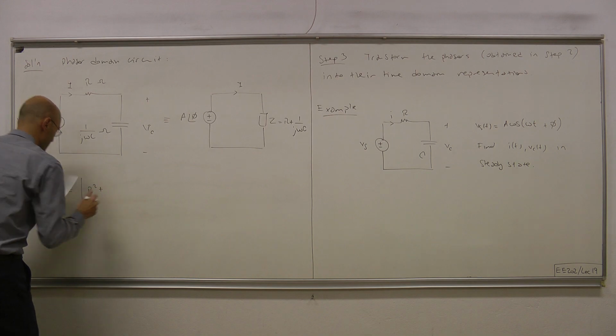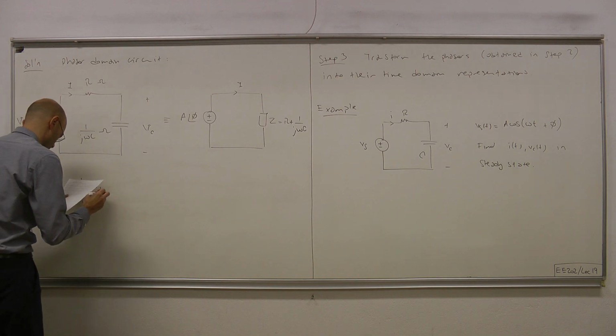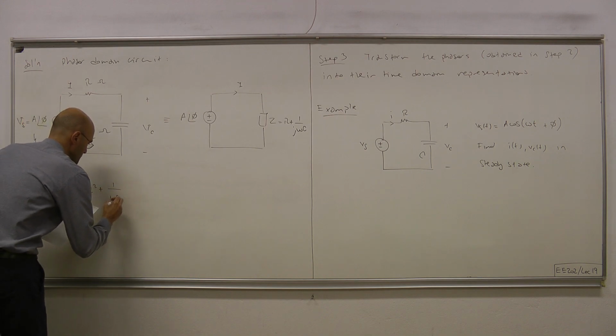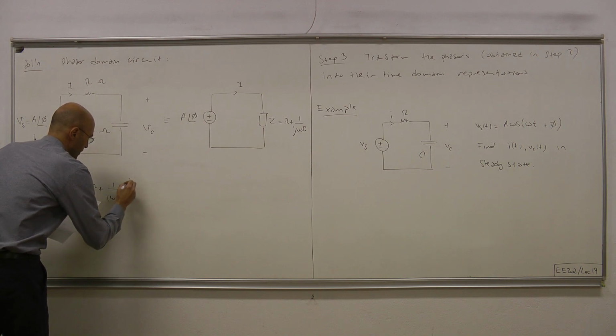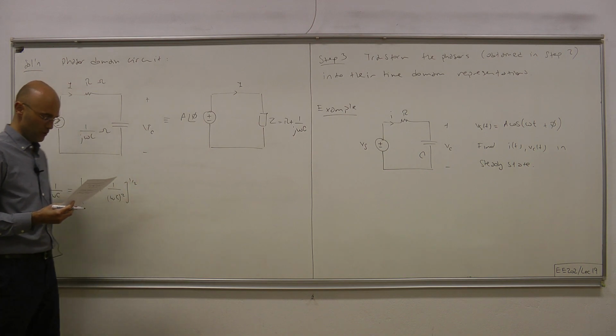So we have the following magnitude: R squared plus 1 over omega C squared, and then we take the square root.